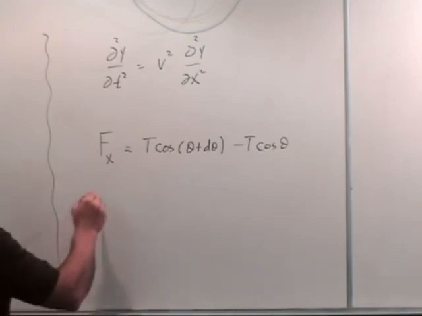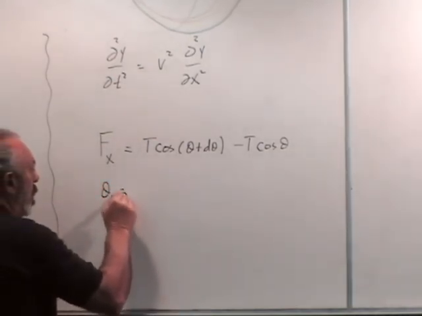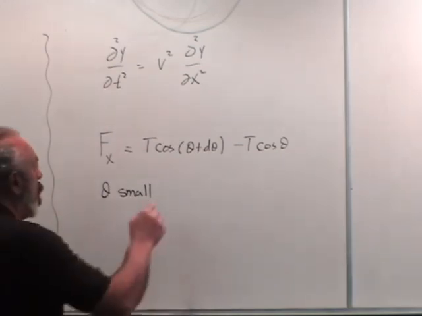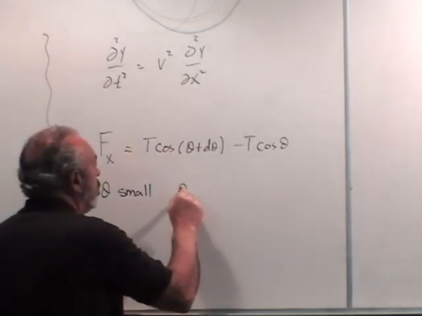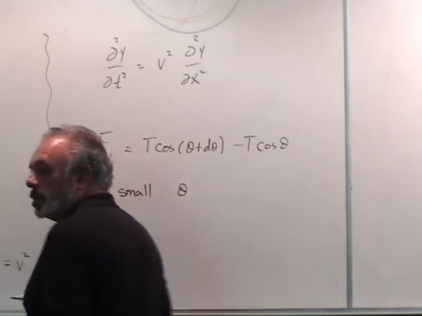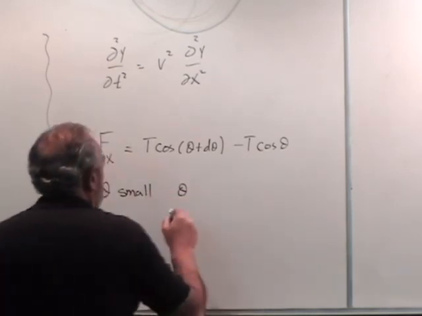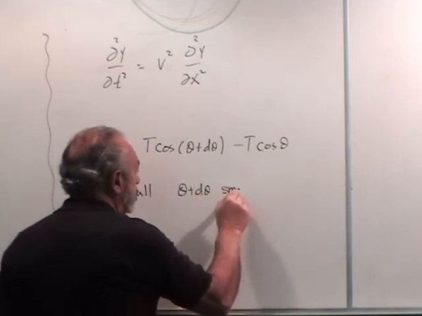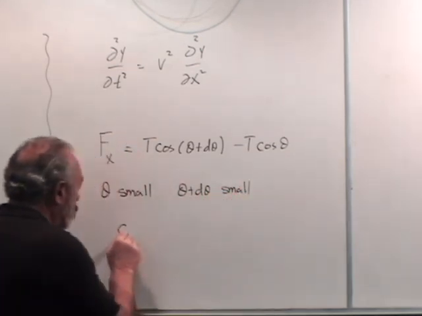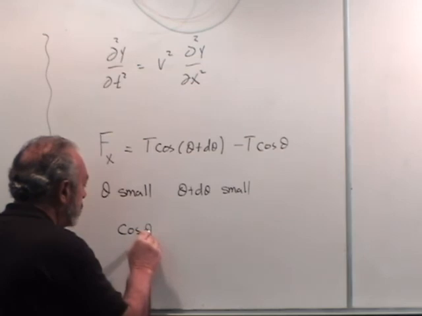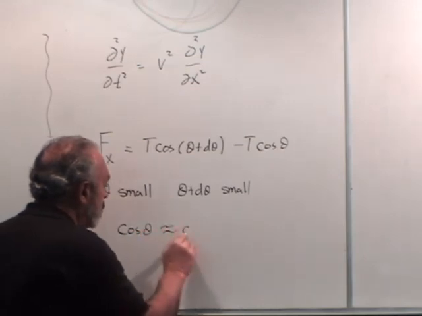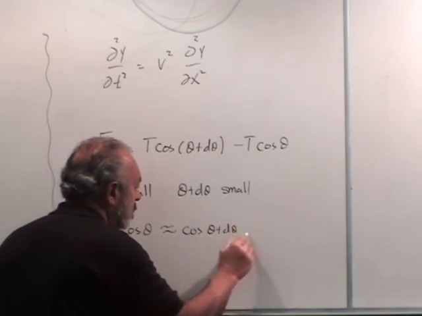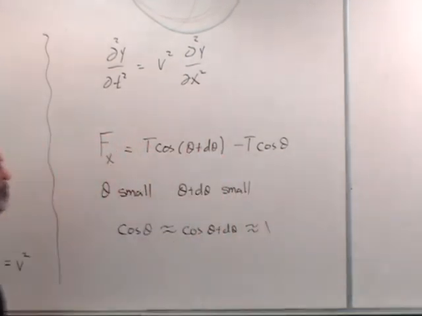There's the net force in the x direction. However, we just argued that theta is small. So, that's tension, right? T is tension, yes. So theta plus d theta is also small. So cosine theta is approximately cosine of theta plus d theta is approximately 1.